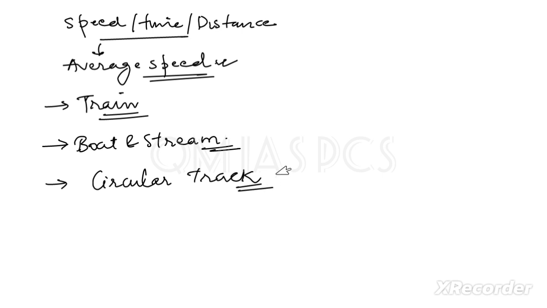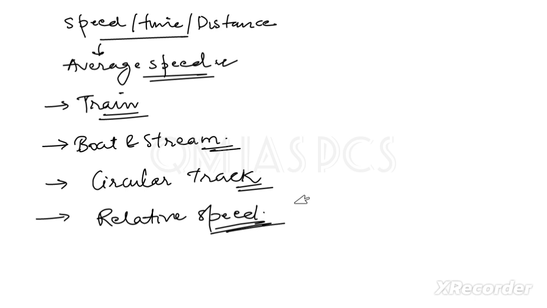One more thing I am missing, yes, that is relative speed. This is a very important thing. So these things we have to understand, we have to solve, we have to understand the concept behind these things.